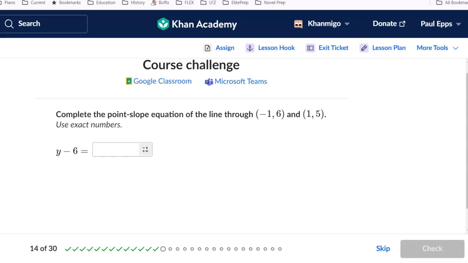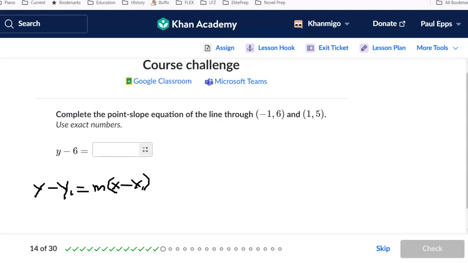All right, point-slope. Point-slope formula is, write it here, y minus y sub 1 equals m times x minus x sub 1, where m is the slope and x1, y1 is a point on the line.